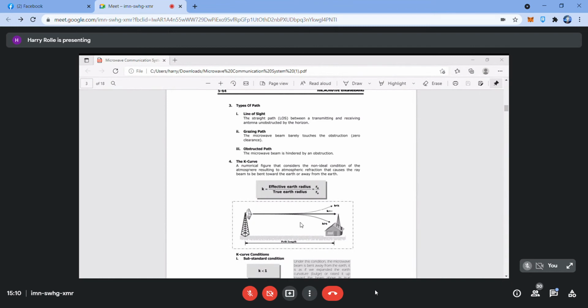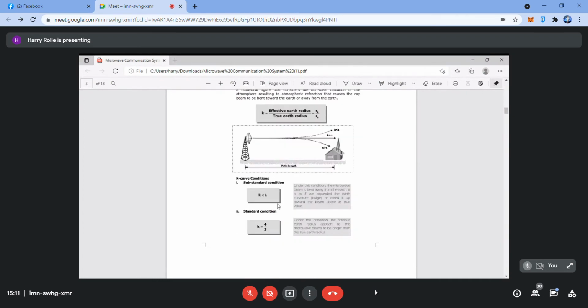But in a subcondition, ang nangyayari, ang K natin is less than 1, ito ay nagbe-bend away from Earth. So if your K is less than 1, your signal or your information will be bending away from Earth.